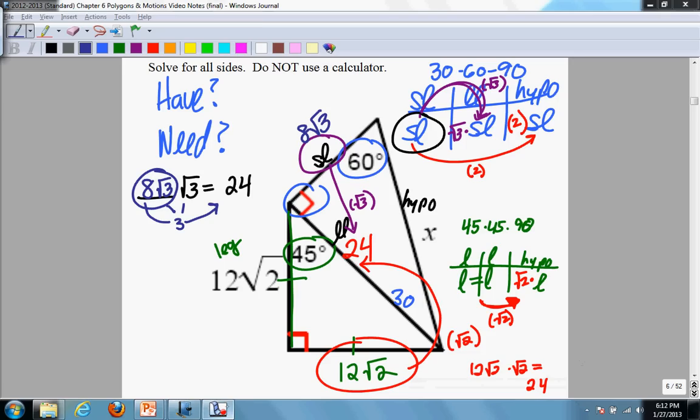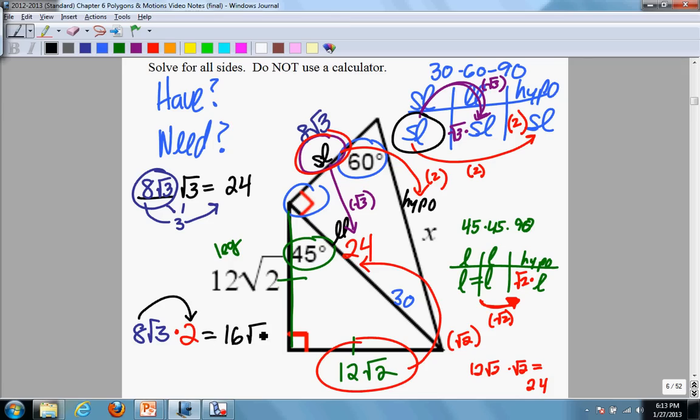Now, to get the hypo, we simply times by 2. So to go from here to the hypo, we times by 2. So we're going to take 8 root 3 and times by 2. And of course, only the outies talk to each other, so that's 8 times 2. And our hypo is 16 root 3.